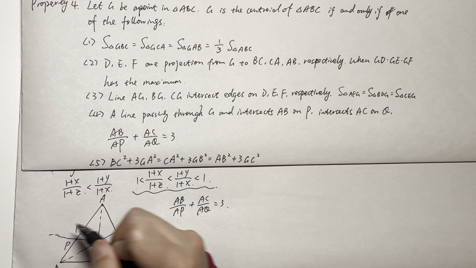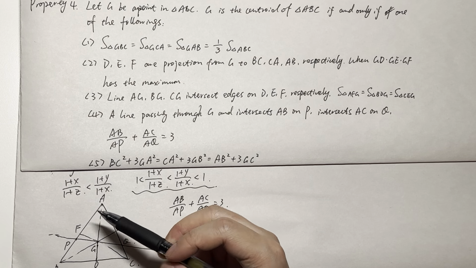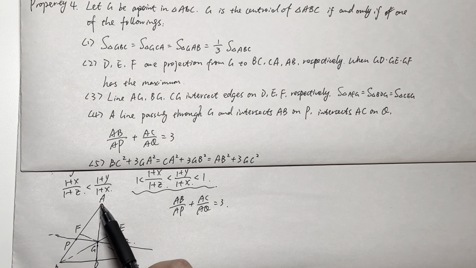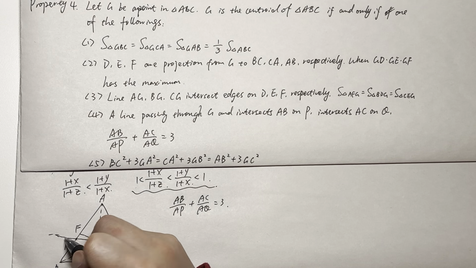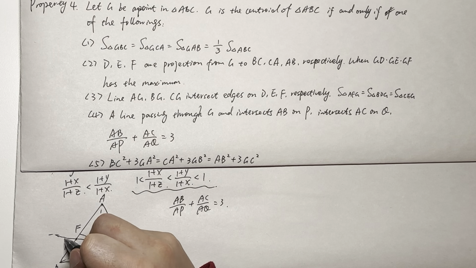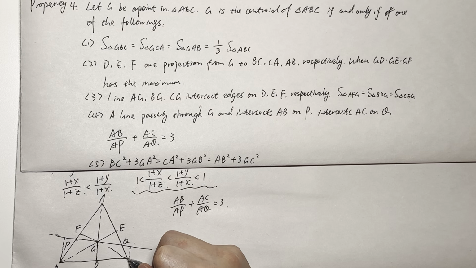So, because we already know the ratio of AG to GD, and we want to find the ratio of AB to AP and the ratio of AC to AQ, we can, from B and C, draw parallel lines to AD.